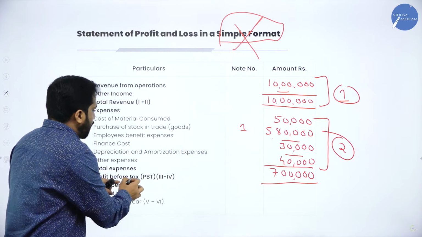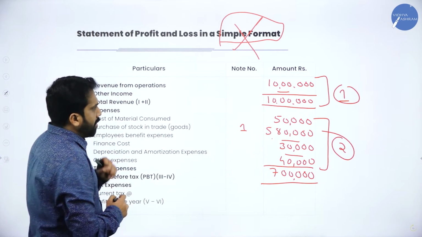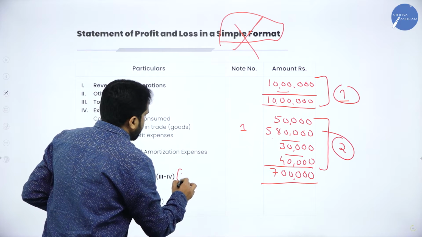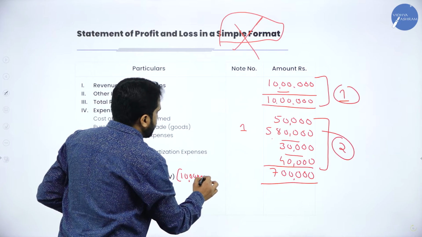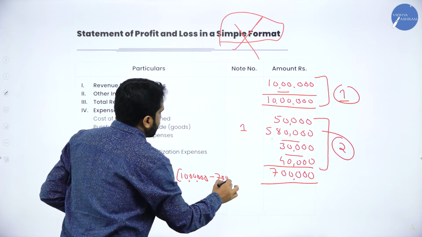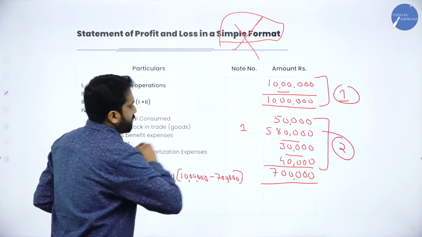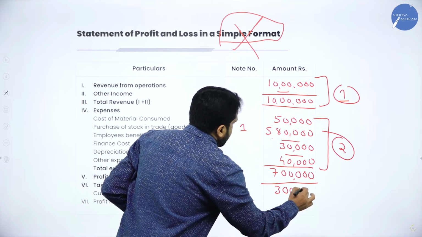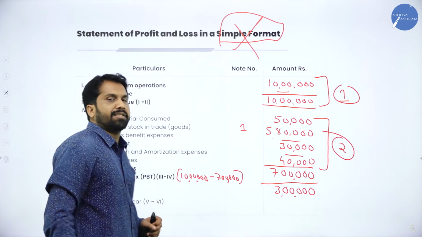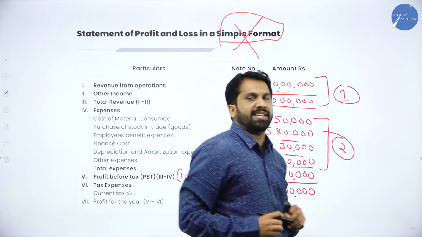Simple. Profit before taxation. 10 lakh minus 7 lakh, your answer is 3 lakh. This we call profit before taxation.